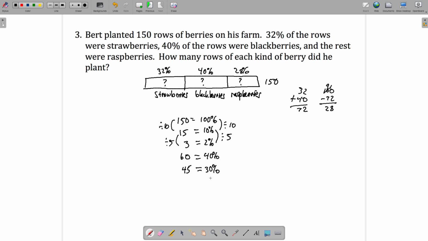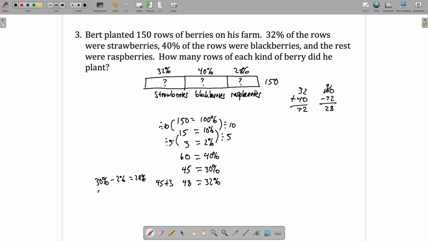And then I notice that 32% is 30 plus 2%. So 32% would be 45 plus 3, which is going to be equal to 48. And then the 28% that I'm looking for is just 2% less. So I'm doing 30% minus 2% gives me 28%.